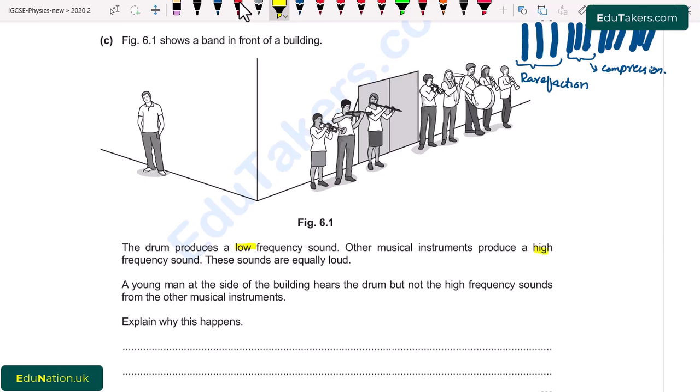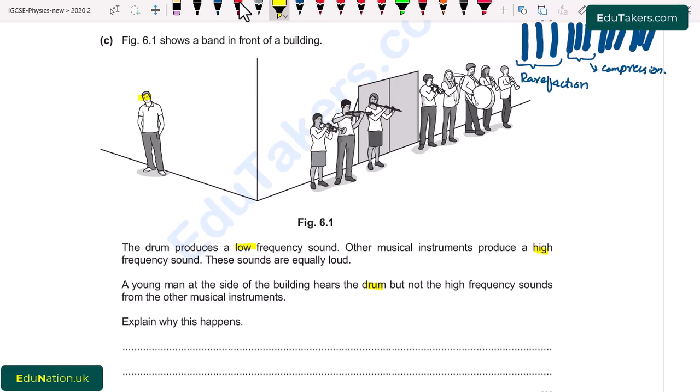These two sounds are equally loud. A young man at the side of the building hears the drum. He can hear the drum, but not the high frequency sounds from the other musical instruments. It means that this person can hear the sound of low frequency but not the sound of high frequency.